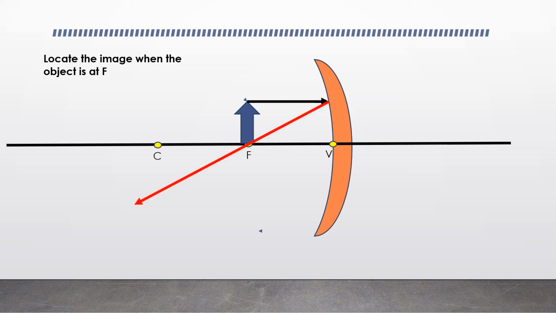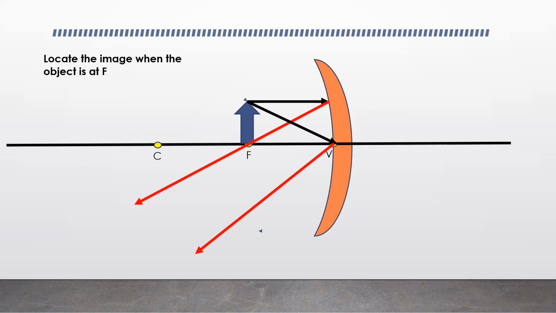Okay, then you cannot apply the C to C and the F to P ray at this time. What you are going to do is proceed to the V ray. So the incident ray should direct to the V and reflect at an equal angle.